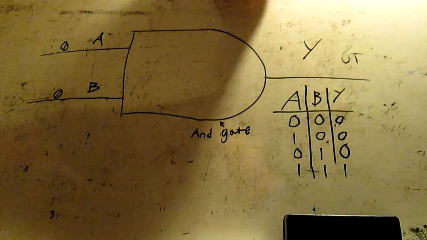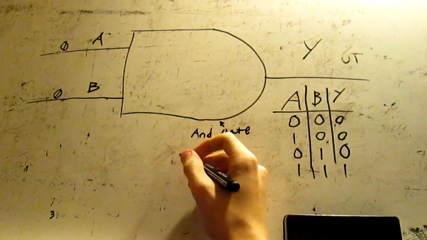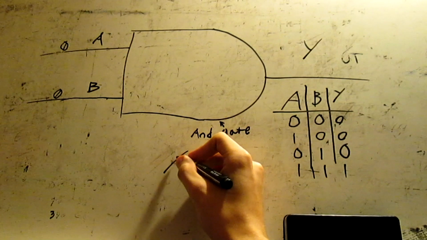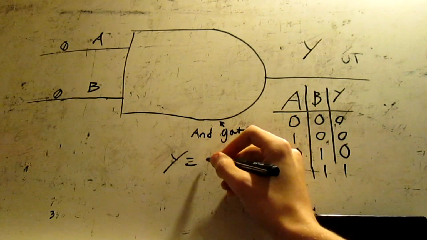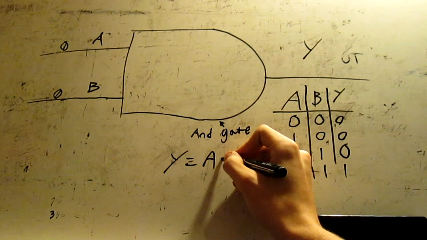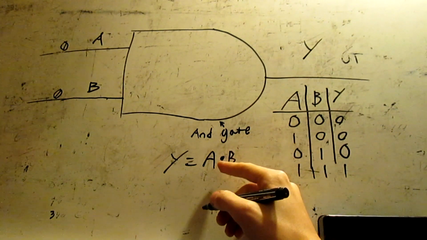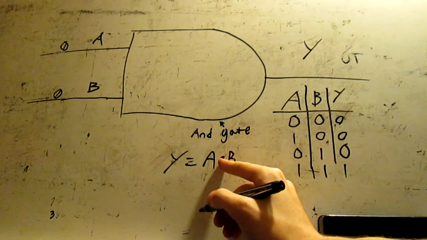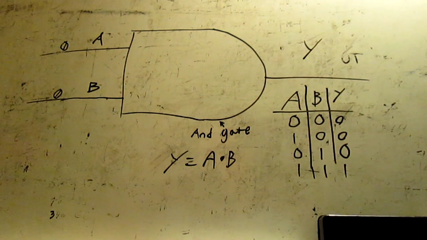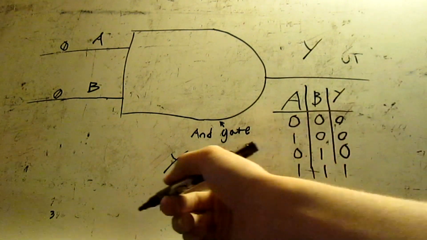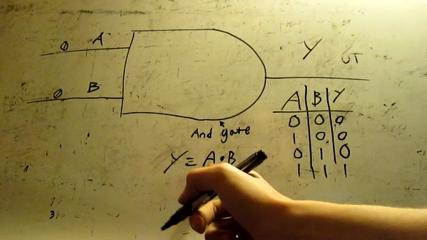No, you can't. We'll write it down here. Y equals A times B. If you've never seen a dot before, the dot means times, multiplication. And so the output is going to be A times B.